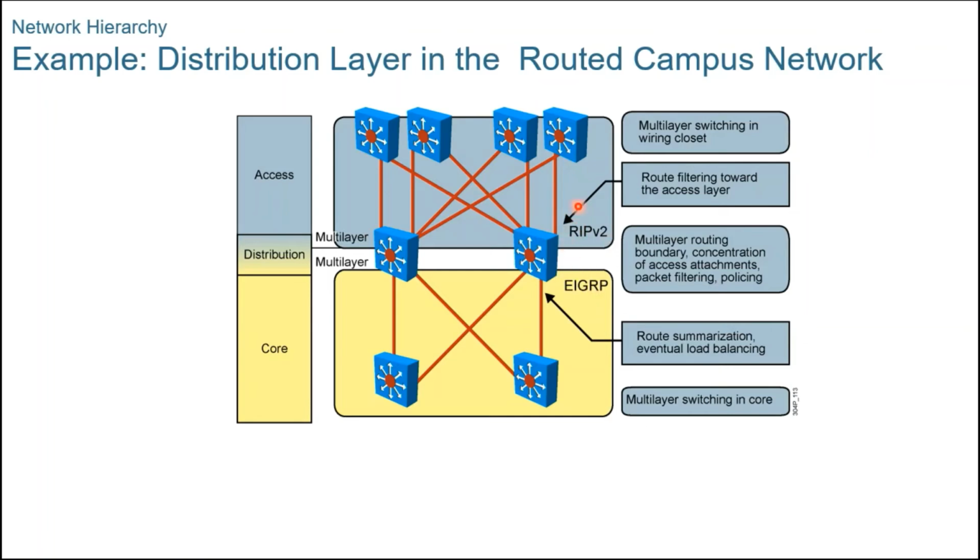Route filtering is configured on the interfaces towards the access layer. Route summarization is configured on the interfaces towards the core layer. The distribution layer contains highly redundant connectivity both towards the access layer and towards the core layer.